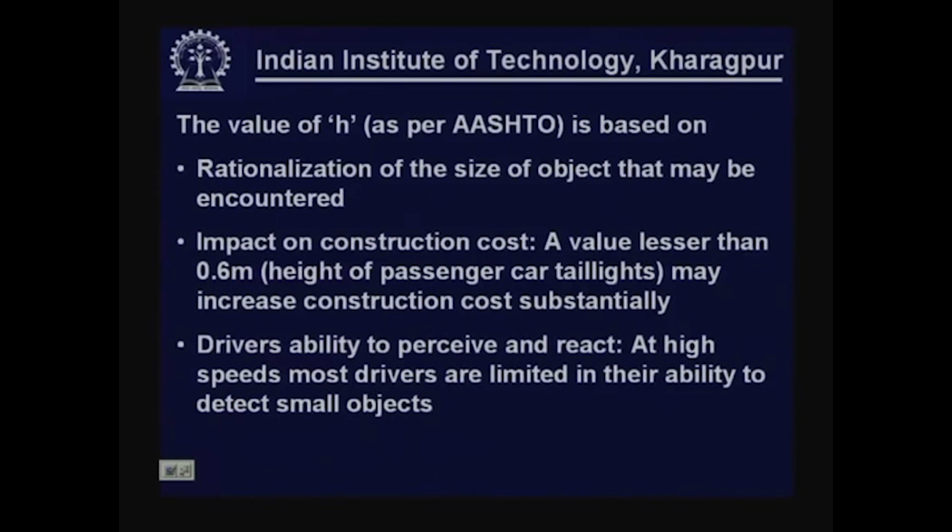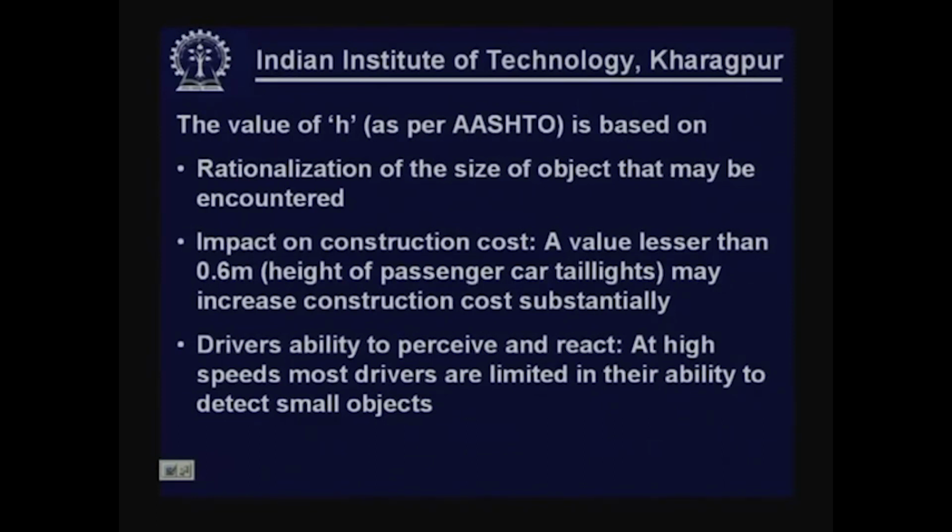There is a possibility that a value lesser than 0.6 meter may increase construction cost substantially. 0.6 meter height is actually the height of passenger car tail lights. That is the basis for taking 0.6 meter as recommended by AASHTO.